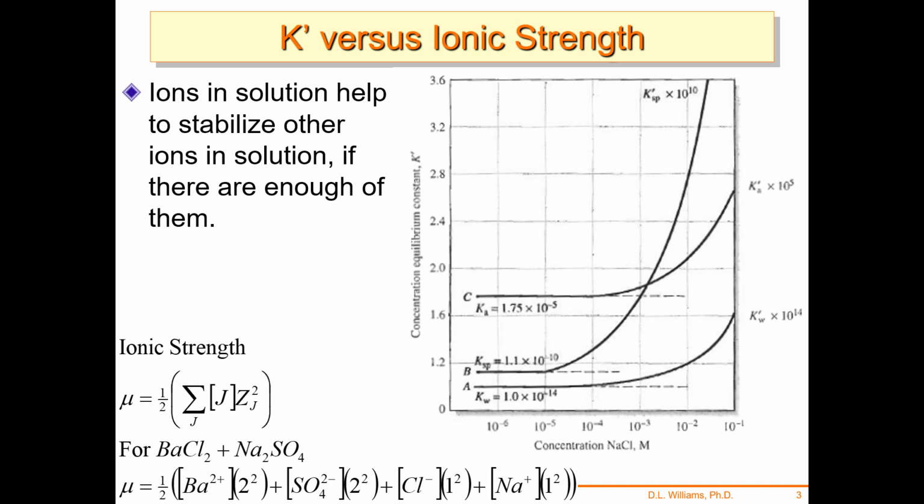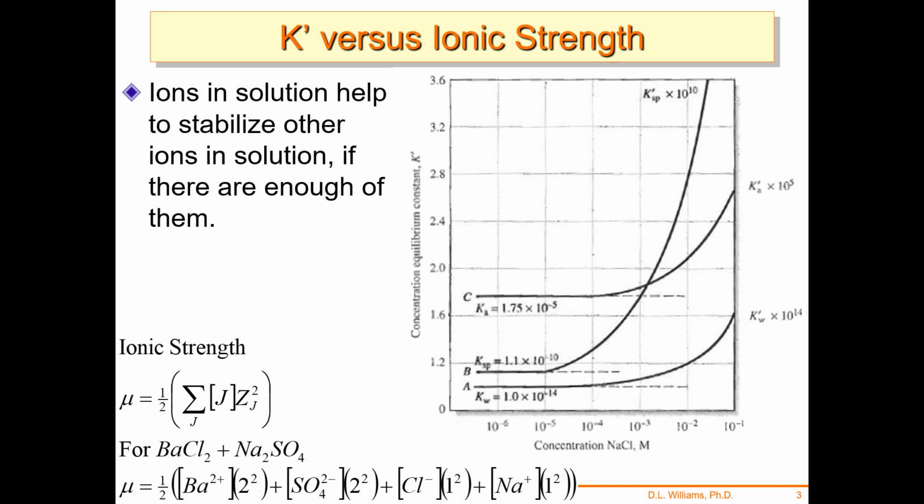But if you're down here at 10 to the minus 6 molar sodium chloride, we have the traditional Kw of 10 to the minus 14. But at 0.1 molar sodium chloride, Kw has gone up to 1.6. So all your pH calculations will be off, because Kw is not 10 to the minus 14 anymore. It's 1.6 times 10 to the minus 14, because you're in 0.1 molar sodium chloride.